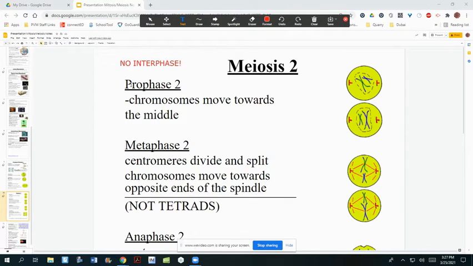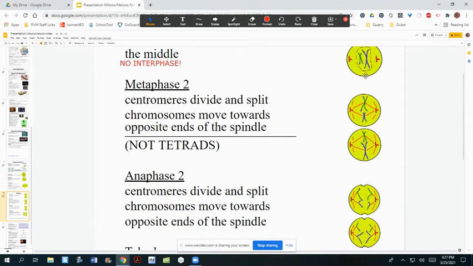That's going to bring us to prophase 2. All right, chromosomes are present. They're going to move towards the middle. That's metaphase 2. And you'll notice that in metaphase 2, now it looks like regular mitosis.